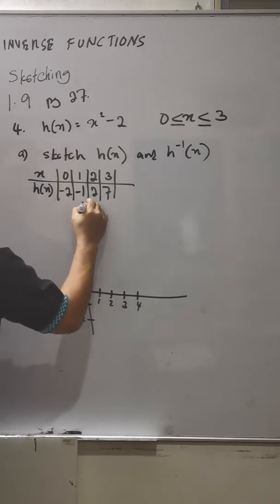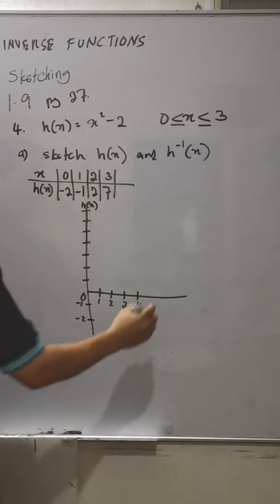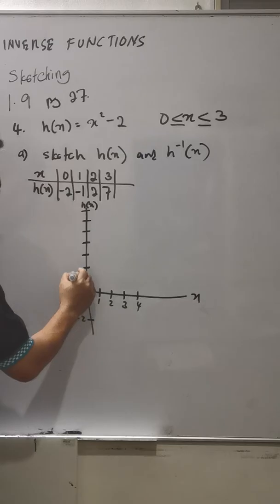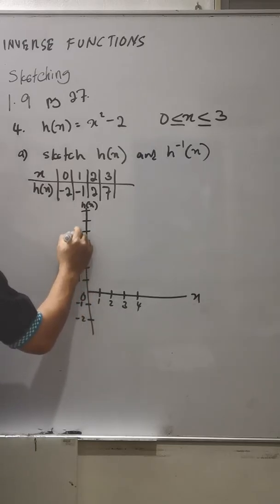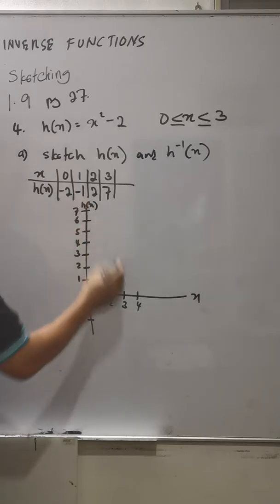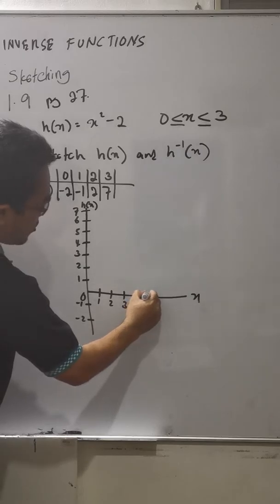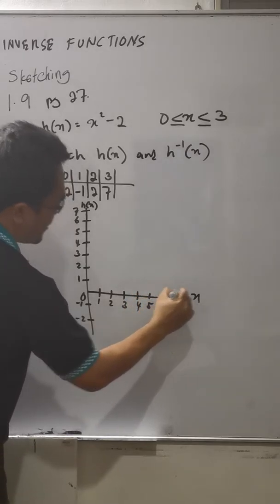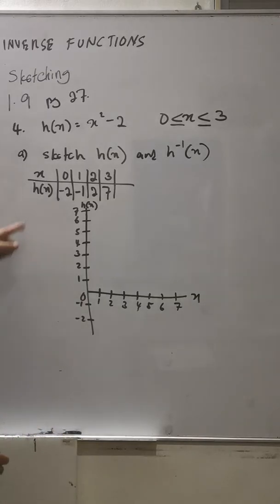So this is h(x), this is x. Since this one goes until 7, we have to have 5, 6, 7.